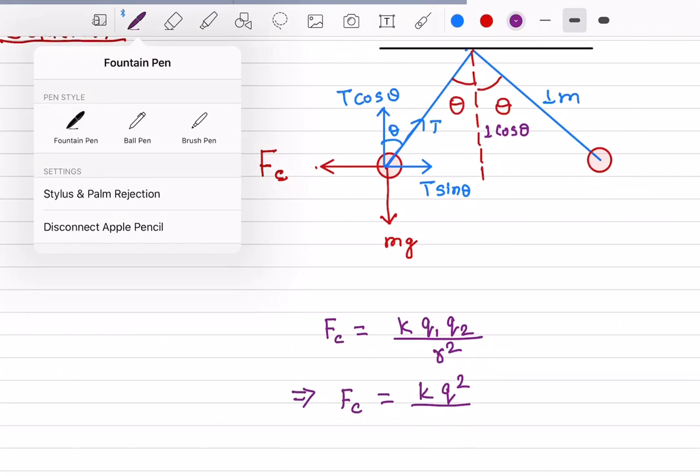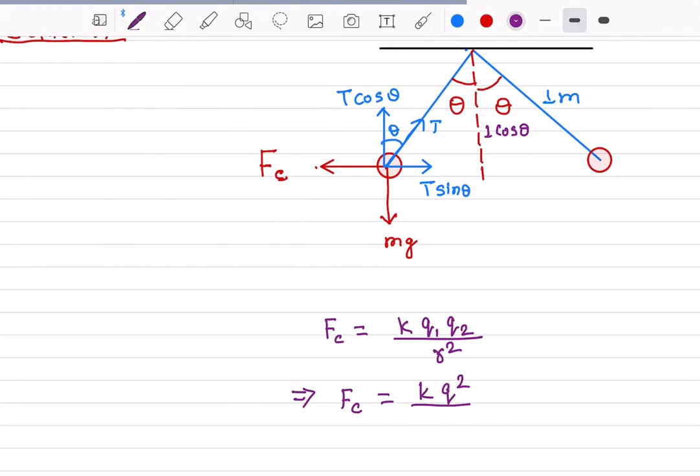So this vertical component will be simply l cosine theta, and this horizontal component will be l sine theta, and this is also l sine theta.